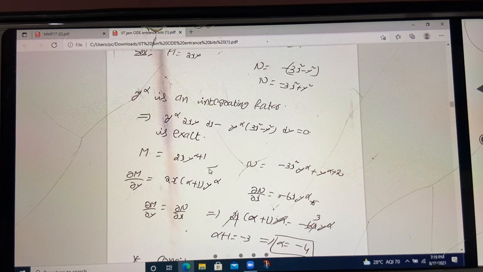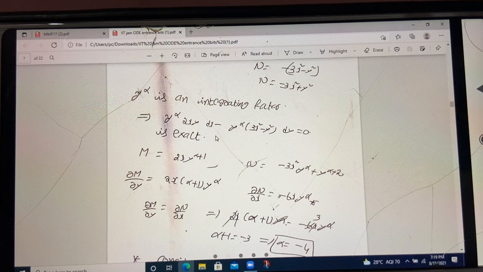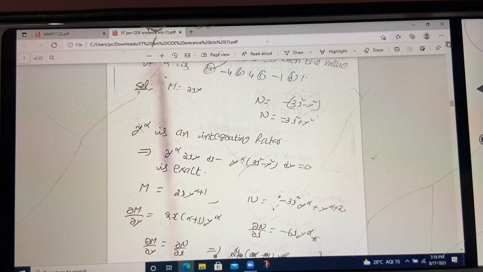If it is exact, they should be equal. You will get y power alpha cancels, x cancels, alpha is minus 4. So directly you will get the answer alpha equal to minus 4.